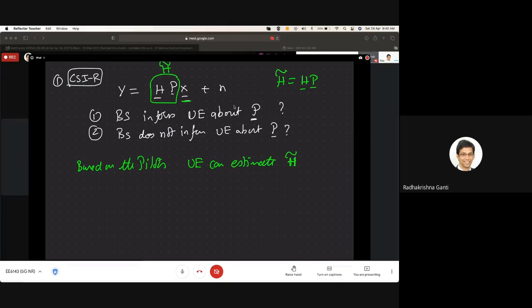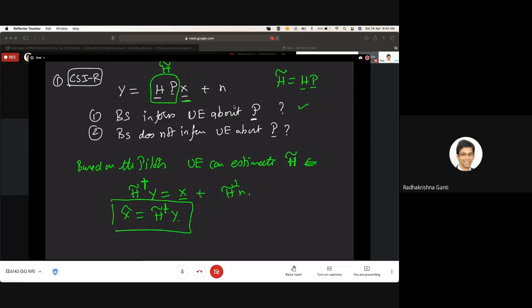Effectively the UE will estimate the effective channel H tilde, and then it can do H tilde pseudo inverse, to get X hat estimate as pseudo inverse times Y. We saw pseudo inverse last class.